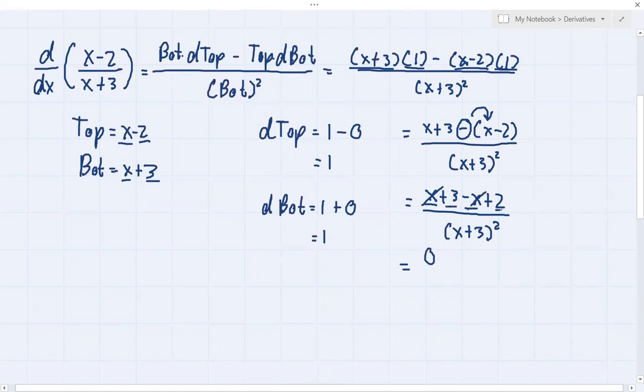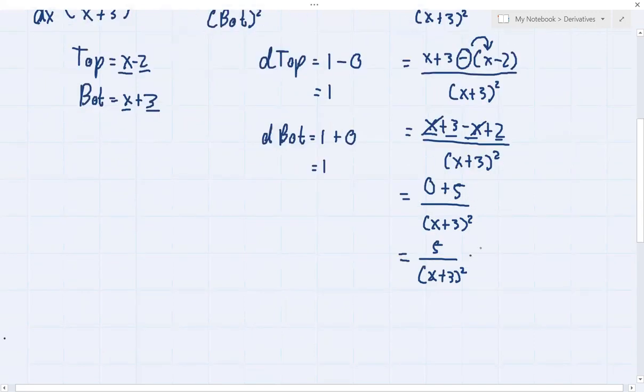Next, let's combine the constant terms. 3 and 2. So 3 plus 2 is 5. So that's it. So in here, 0 plus 5, we have 5, all over the square of x plus 3. Finish. That is now your final answer.